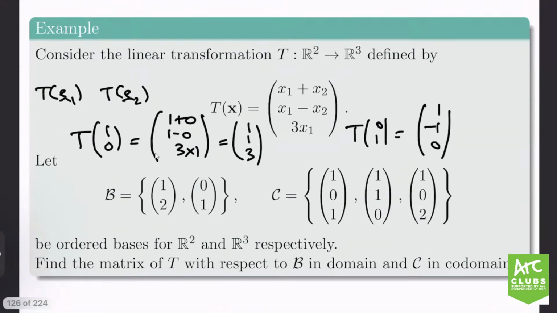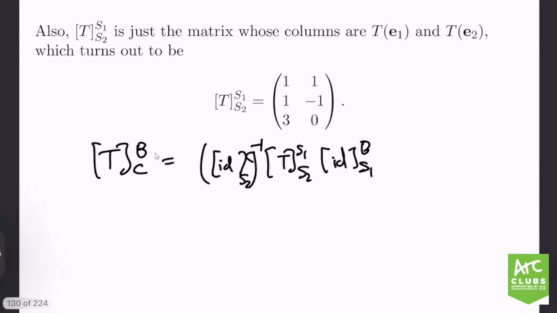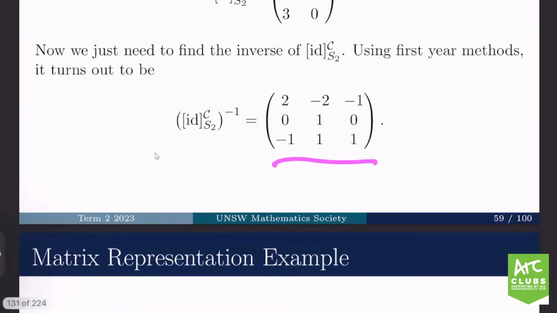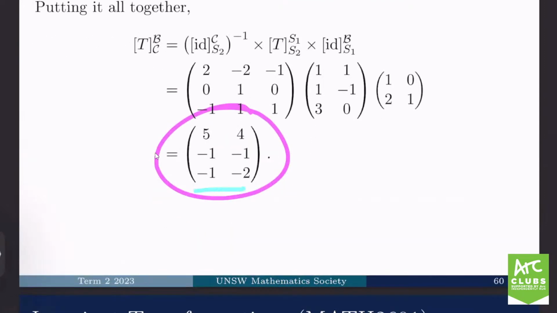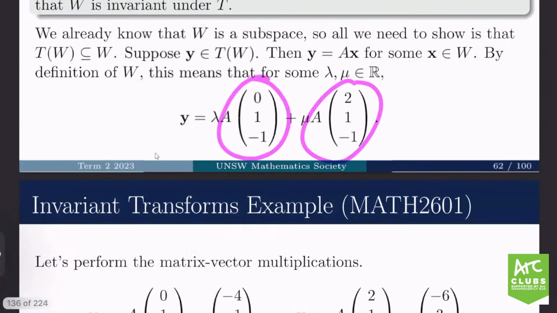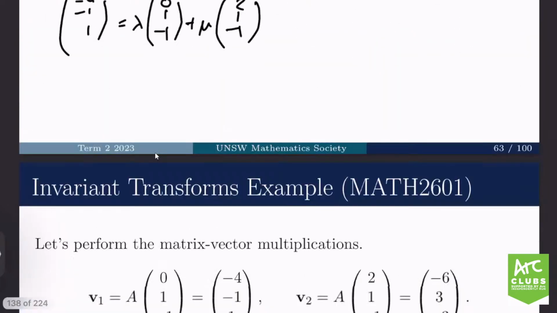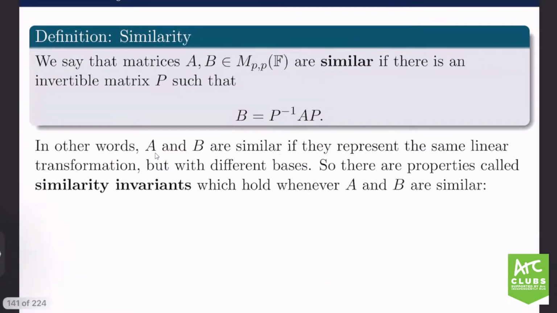Now we could represent this linear transformation with respect to the standard bases, so we got this. But we could also express it with respect to the bases B and C, in which case we got this. So we have the same linear map, but it has two matrix representations. So you can see that different matrices can represent the same linear map, but written with respect to different bases.